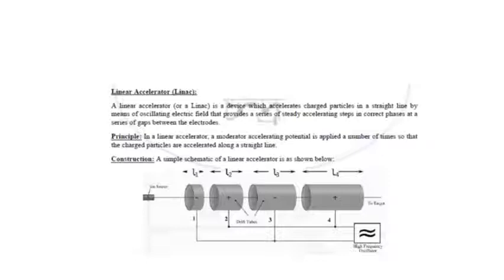These cylinders are of different lengths. The length is increasing continuously. Smaller, then bigger, then bigger, then bigger. You just observe this length, this length only, then the bigger length, then even bigger length, and then even bigger length, and so on.